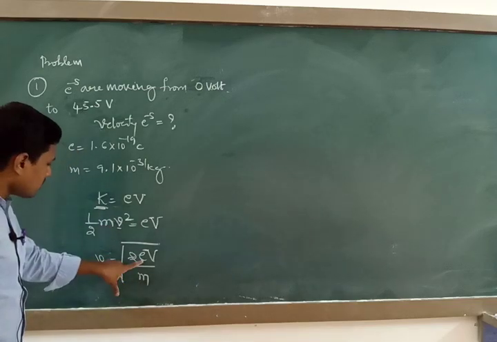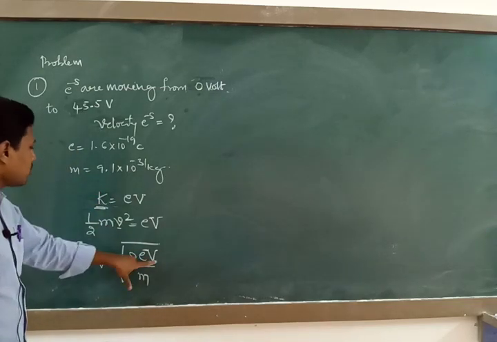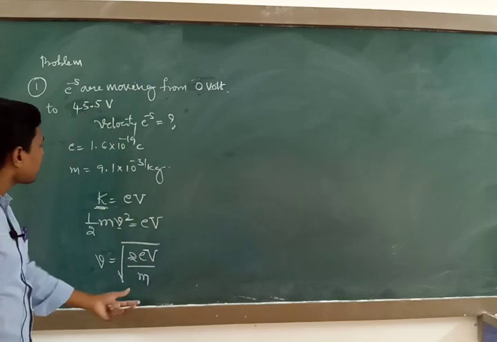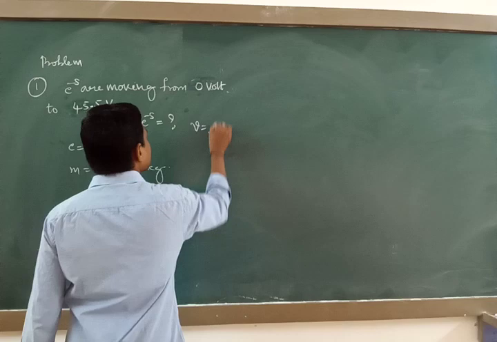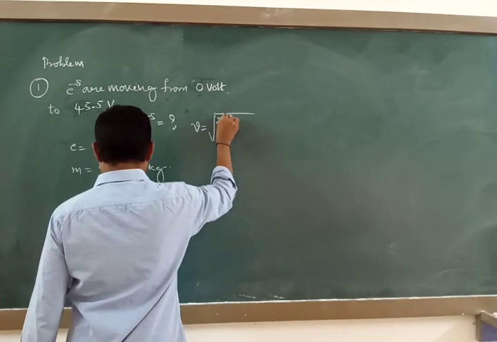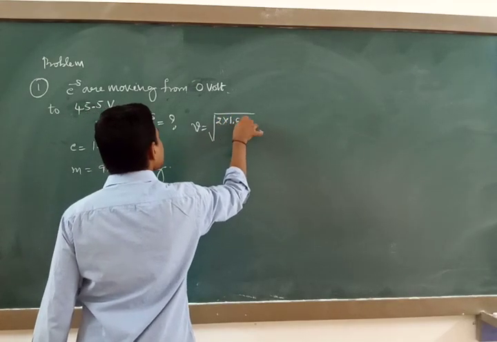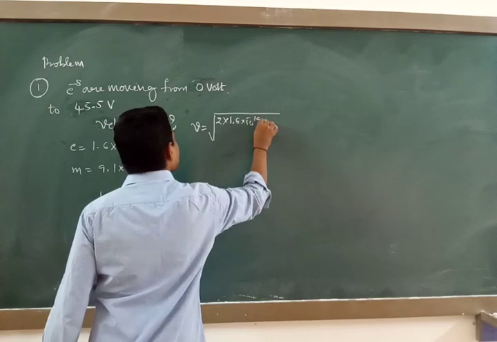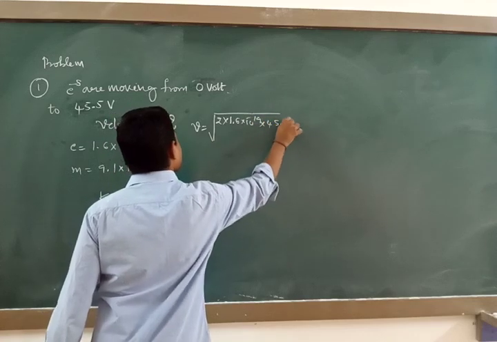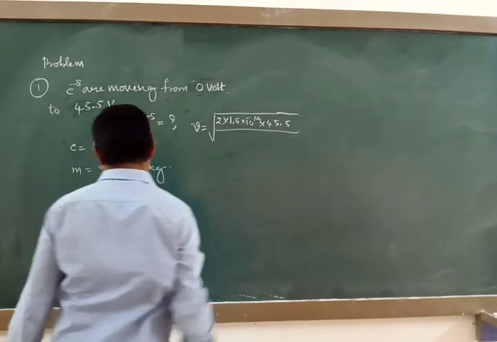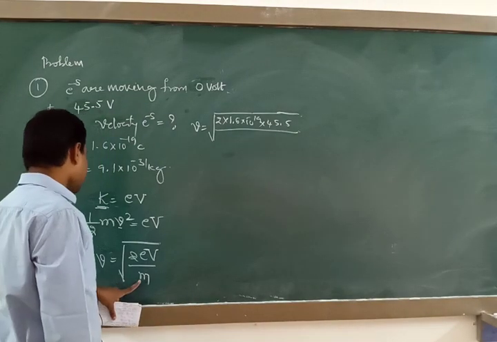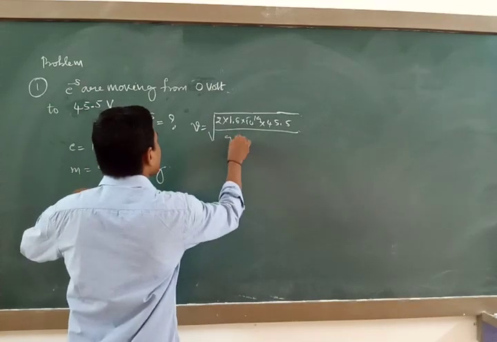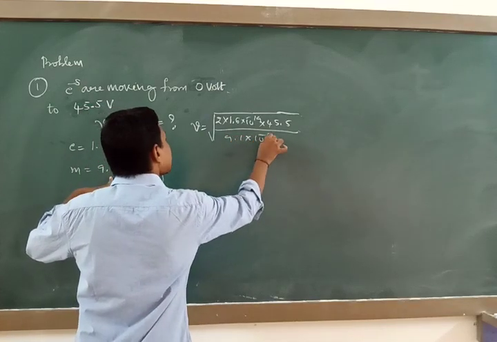E is given, m is given, V value is 45.5 volt. If you substitute, velocity v is equal to square root of 2 into 1.6 into 10 power minus 19 into 45.5, divided by m. What is the mass of the electron? That is given, 9.1 into 10 power minus 31.